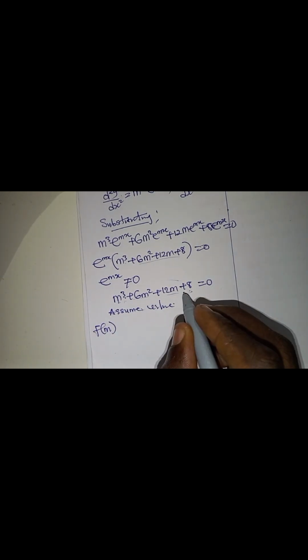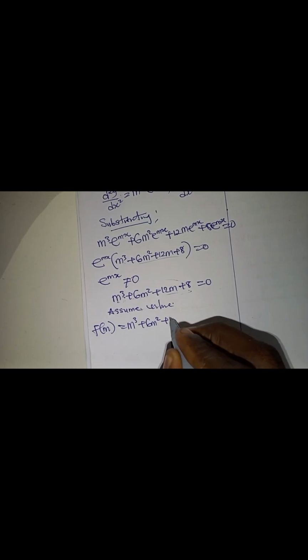So let me say my f of m here becomes this expression: m cubed plus 6m squared plus 12m plus 8.